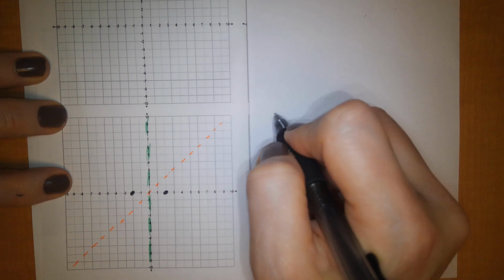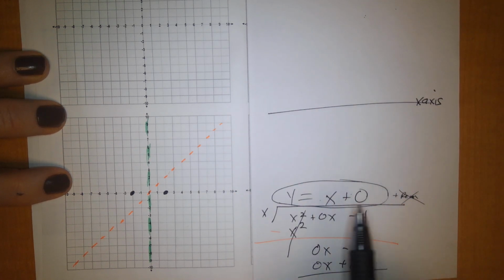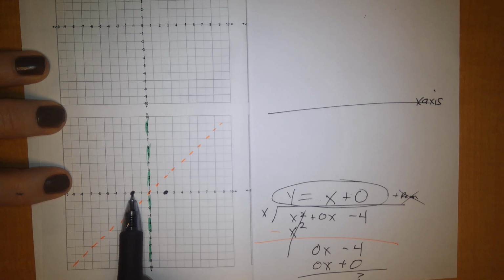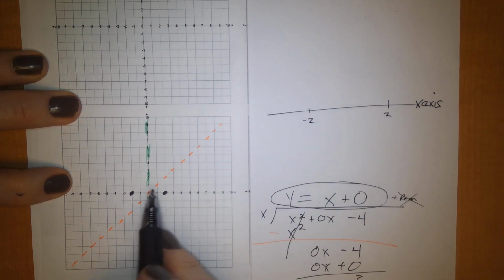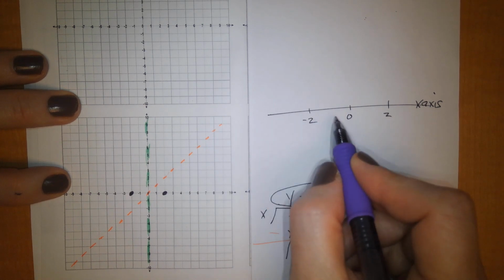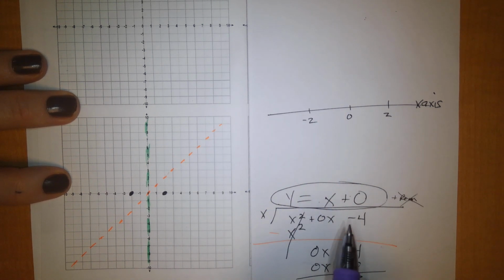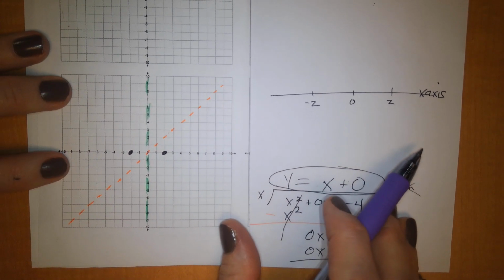So I'm going to draw the x-axis right here. And I have critical points at the zeros of negative 2 and 2, and also at 0 because that's where my vertical asymptote is located. And then I'm going to test all of these intervals just like I did with the previous 3 examples. So let's test these 3 intervals.